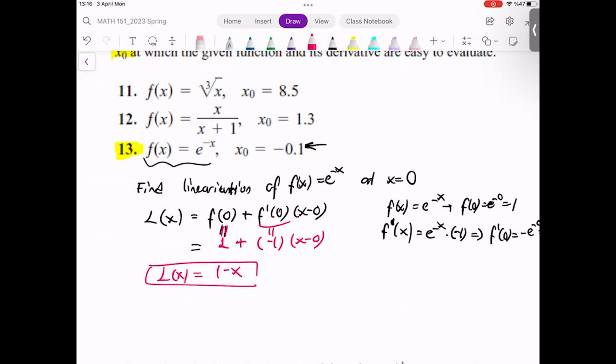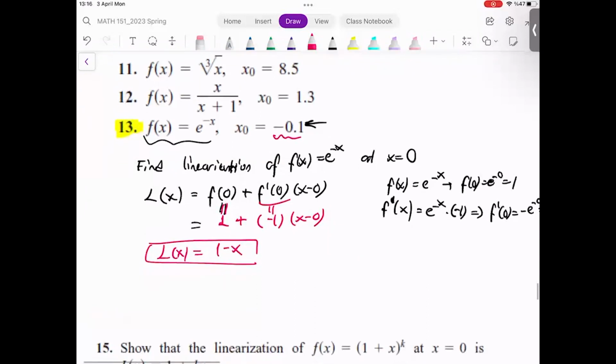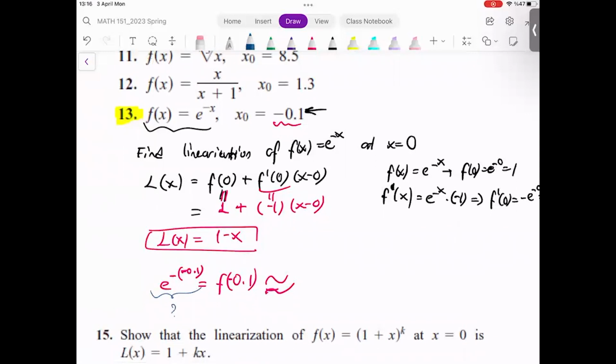Now we will use it to approximate the value of f at this point. Okay, let's do that. We want to approximate the value of f at the point minus 0.1. Sorry, there should be another minus here, right? Yes, we are evaluating f at the point minus 0.1, like that. This is very difficult to compute by hand.